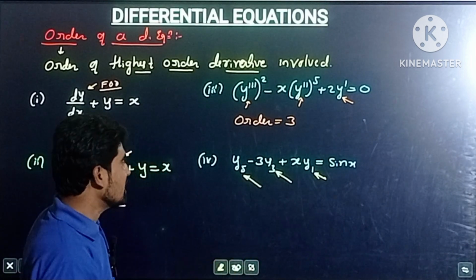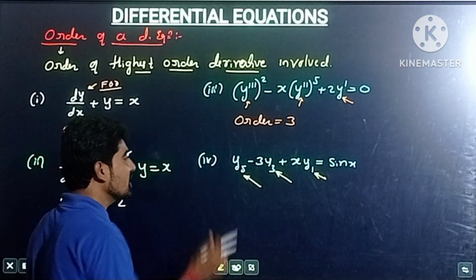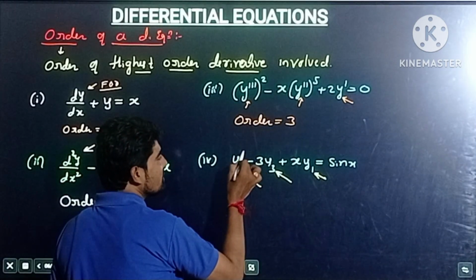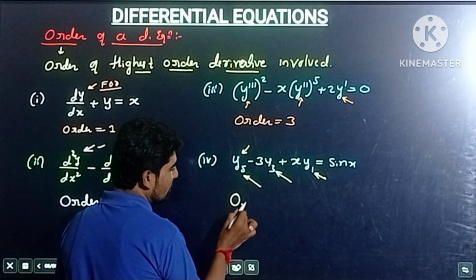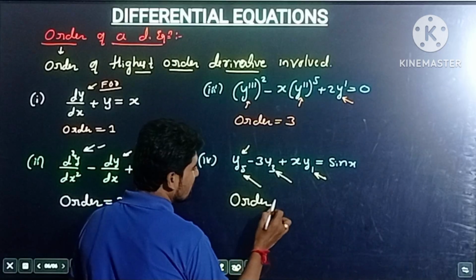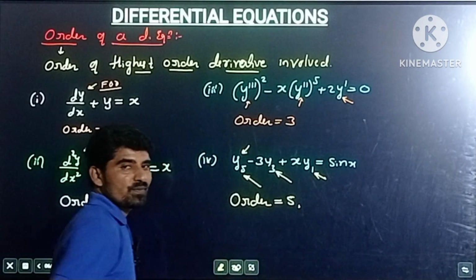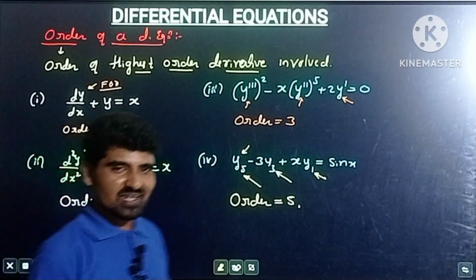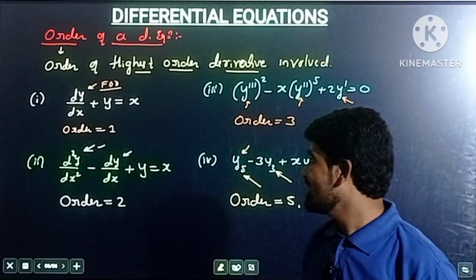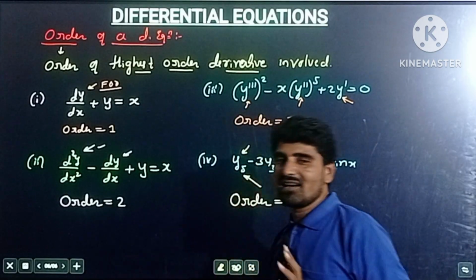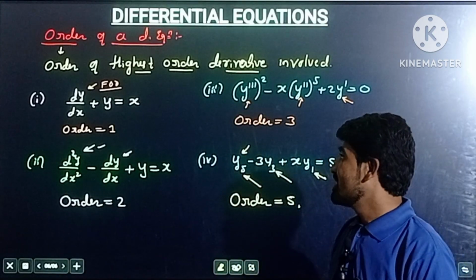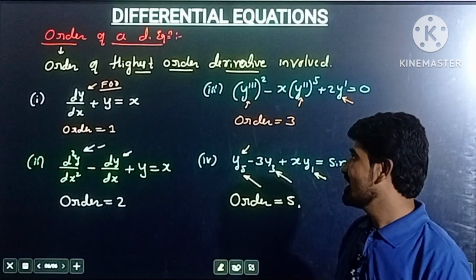So among these three, the highest order derivative involved in this differential equation is the fifth order derivative. Therefore, the order of this fourth differential equation is 5. I hope all of you understood the concept of order of a differential equation and how to determine the order of the given differential equation. So now the fourth concept, that is what?